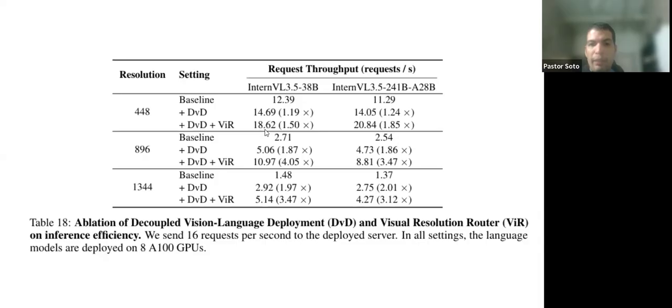And we see the biggest gain when we have a high resolution image like this one. When the baseline has around 1.5 requests per second, we can increase to 5 requests per second, which is a lot for this model.